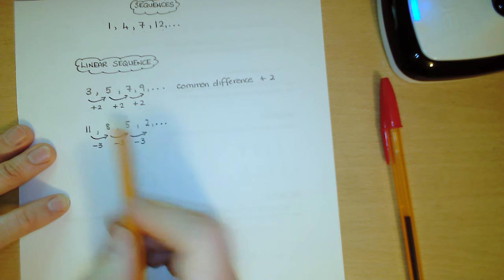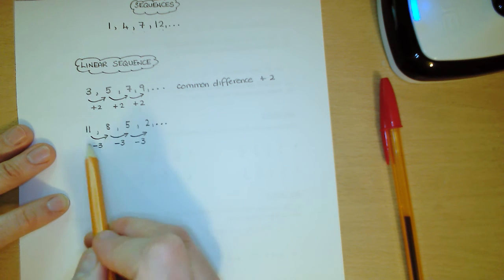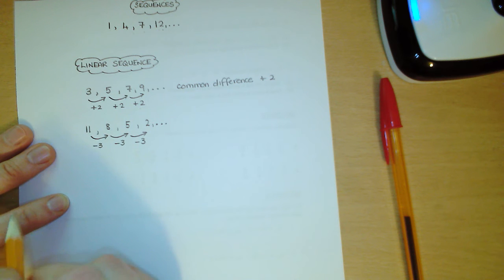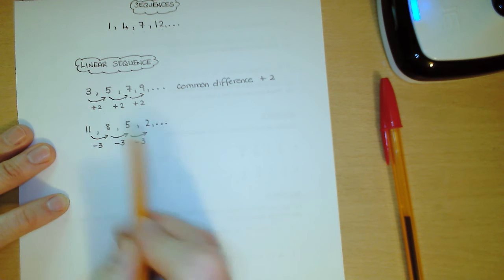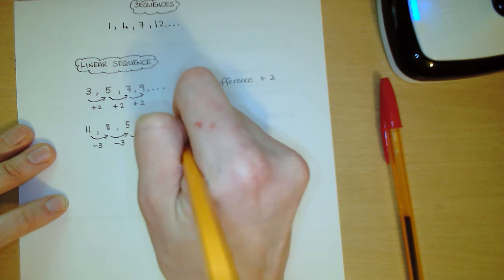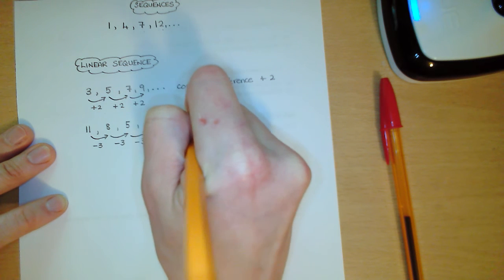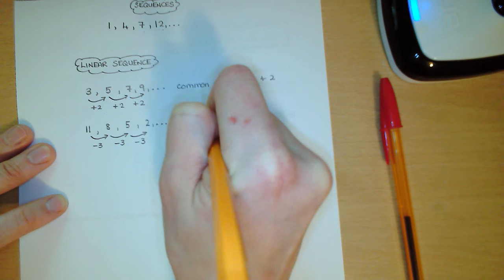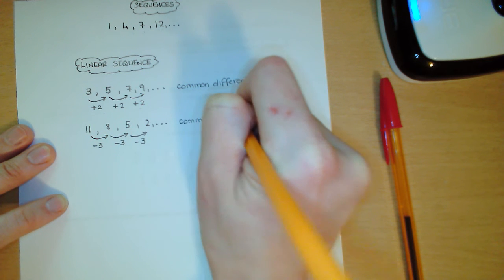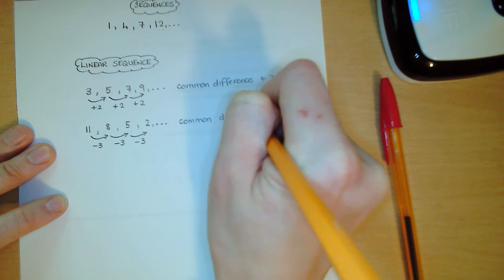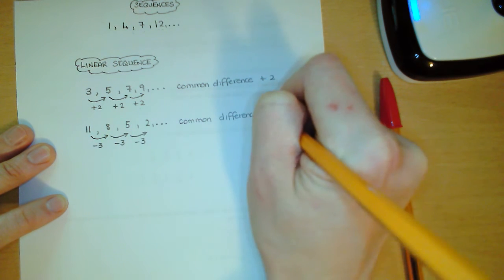So that's why that's also a linear sequence. It's going down by the same amount each time. And the amount that it's going down by is the common difference. So for the second sequence, the common difference would be -3.